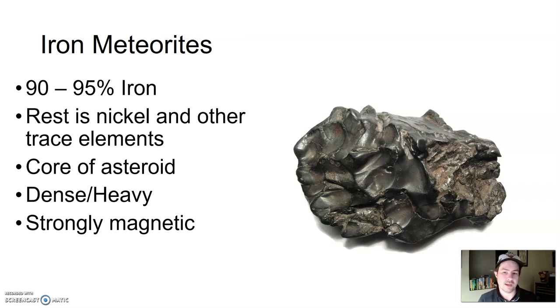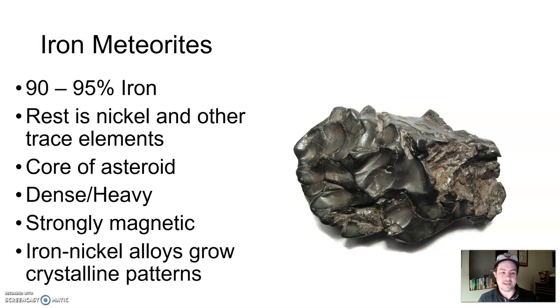A cool thing with iron meteorites is that the iron-nickel mixture, known as an alloy in metals, it can actually grow crystalline patterns. And this only happens if iron and nickel are cooling and forming in a zero-gravity environment, like out in space.